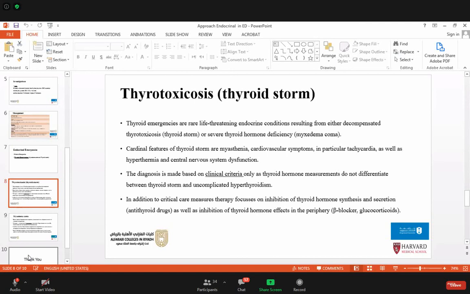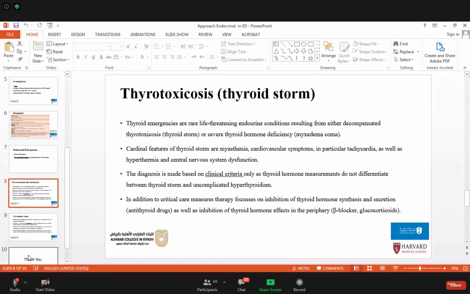I have hyperthermia and altered mental status, plus the other thyroid-related symptoms like tachycardia, palpitation, and sweating, all the symptoms related to increase in the thyroid hormone.